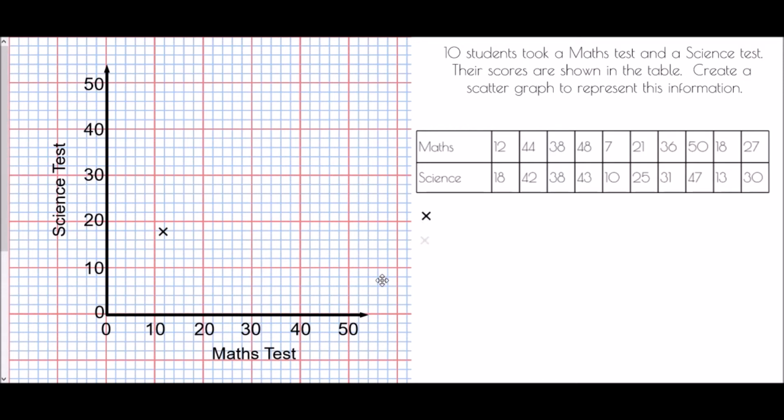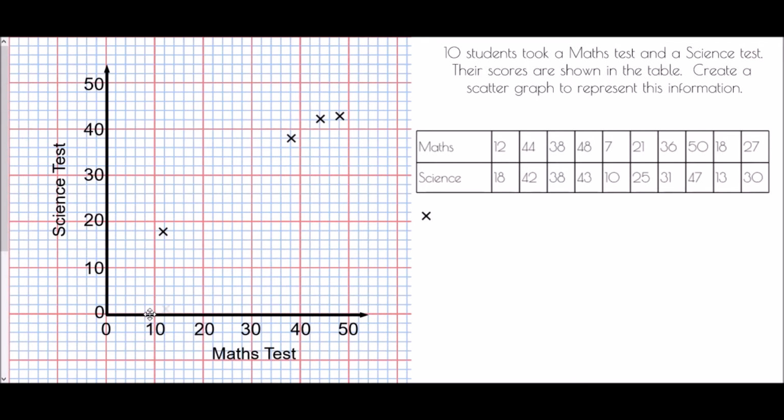Someone scored 44 on the maths test and 42 on the science test, so we'll plot their point. 38 and 38, so they actually scored exactly the same score on both tests. 48 on the maths test and 43 on the science test.